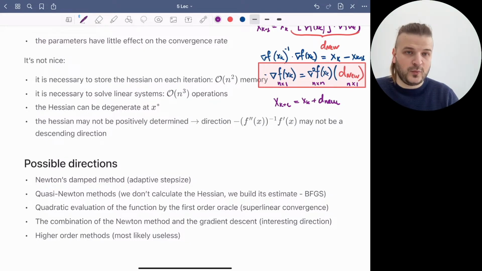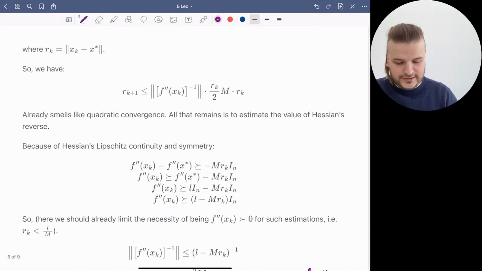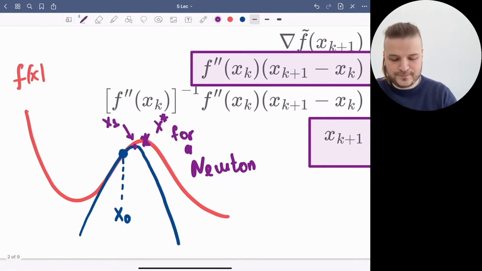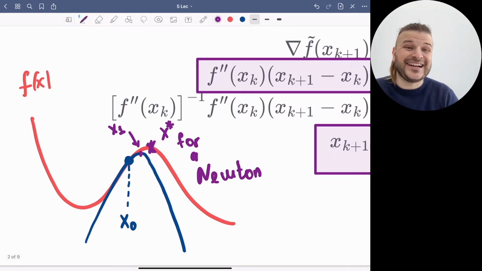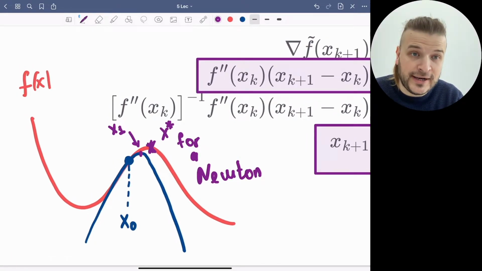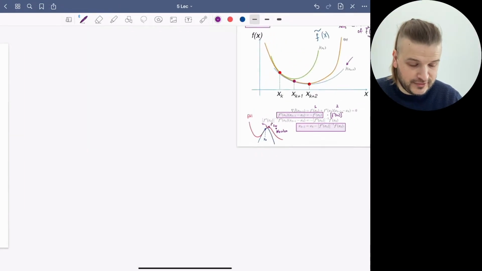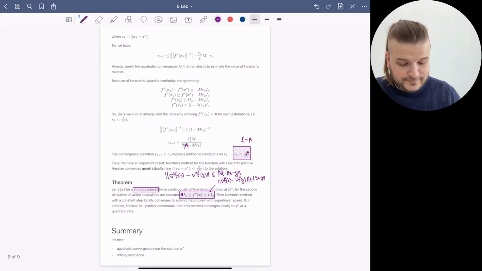For example, when you have, as shown before, this behavior, right? Here the Hessian is not positive definite. That's why we have this ascent direction property here. Okay.